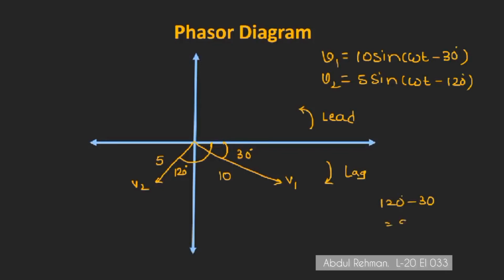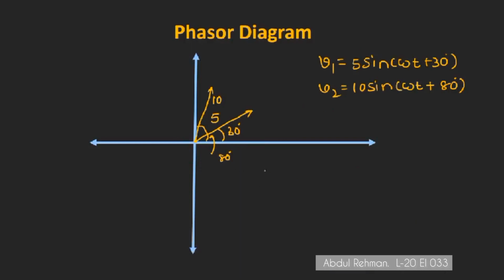Similarly, in the first case, V2 is leading V1 by 80 minus 30, that is by 50 degree. So far we have seen how to represent a phasor on a phasor diagram.